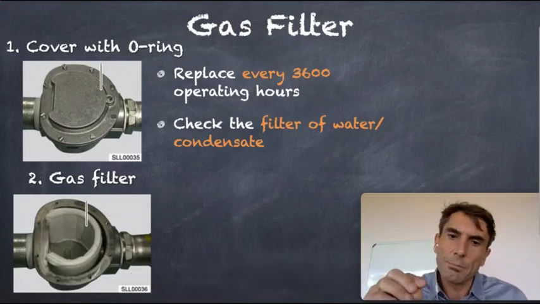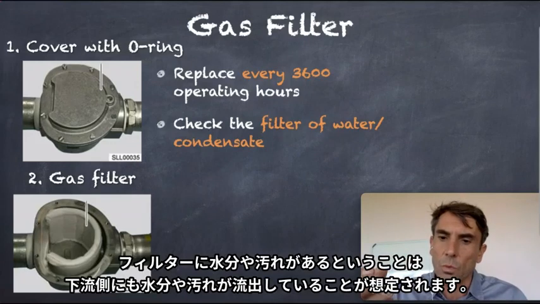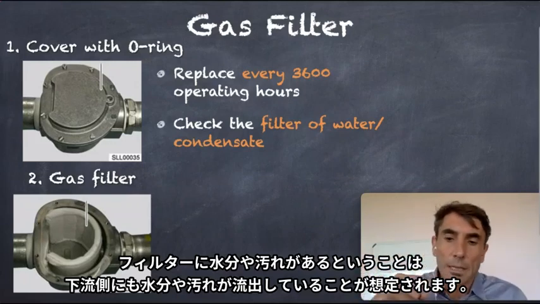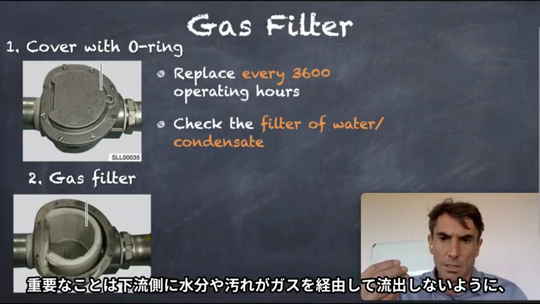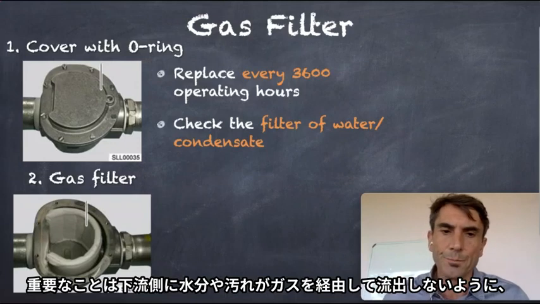If we do not replace it early enough, for example if we have condensate or wetness in the gas, we will suck the water into the gas train, and the gas train will have problems with a high content of humidity or water that gets sucked into the system.